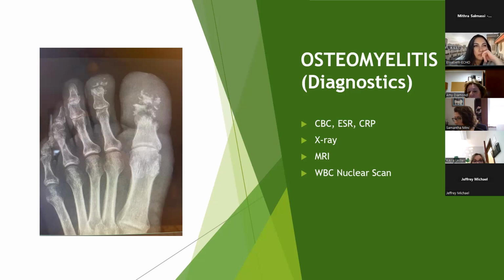So if I have a patient and the inflammatory markers of the labs are elevated and the x-ray doesn't really show it, I still may treat or refer to infectious disease and go for a more definitive study, such as an MRI. A white blood cell tagged nuclear scan may also give you more definitive confirmation there.